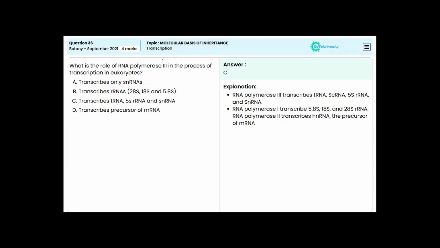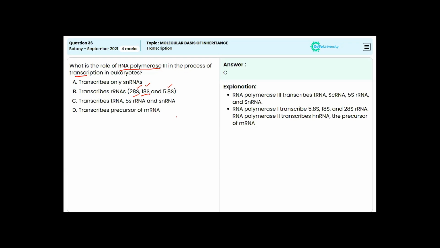Okay, now moving to the next question. What is the role of RNA polymerase III in the process of transcription in eukaryotes? So here it is about the transcription process, and RNA polymerase I transcribes the 5.8S, 18S and 28S RNA. That means they'll be producing these rRNAs like 28S, 18S, and 5.8S rRNAs.